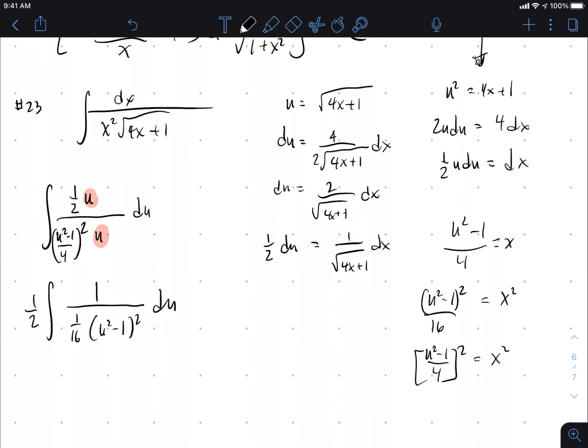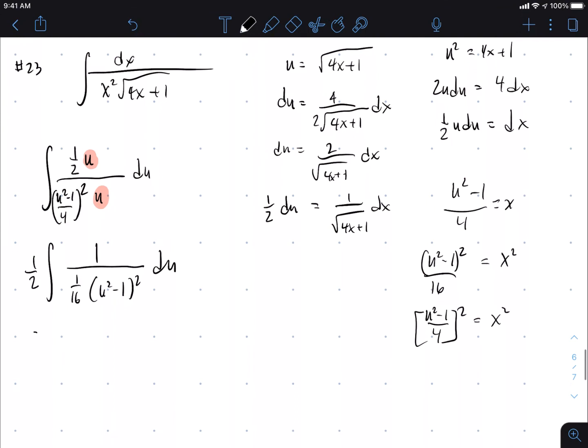But 1/16 in the denominator is the same as multiplying by 16, correct? So I'm going to get 8 over this.